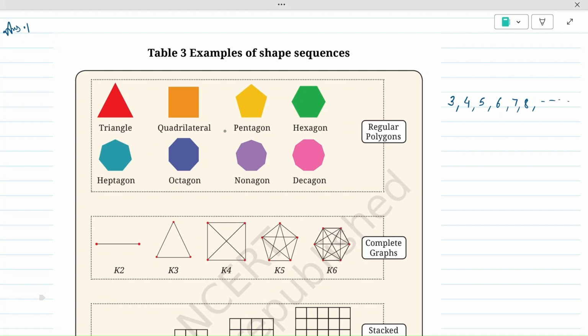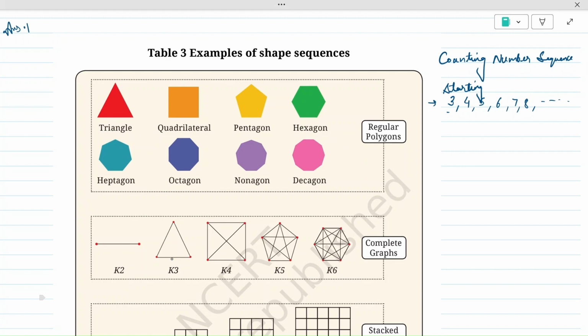So can we say that this is a counting number sequence which starts with 3? 3, 4, 5, 6, 7, 8, 9, 10 and so on.